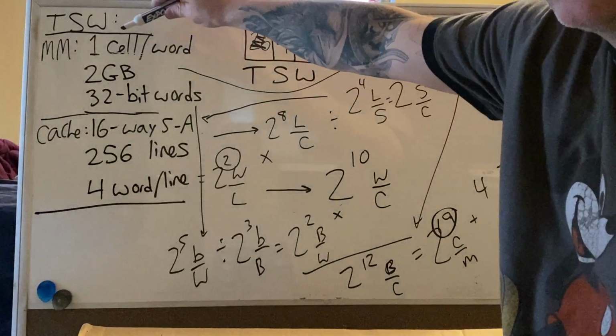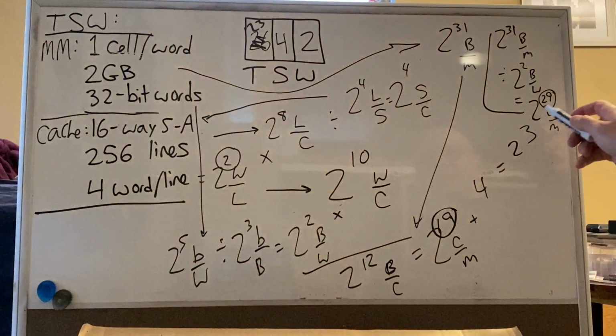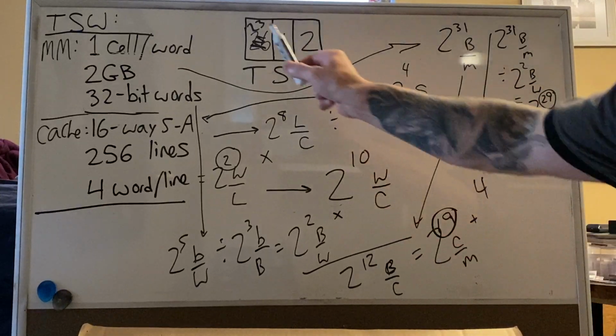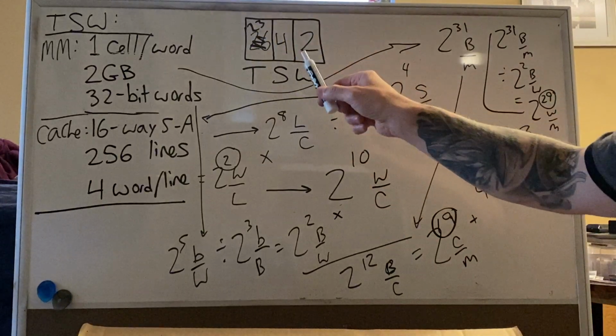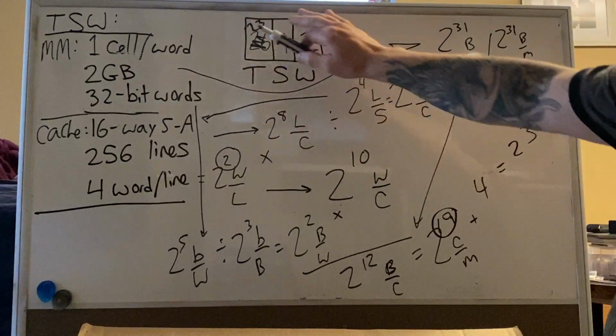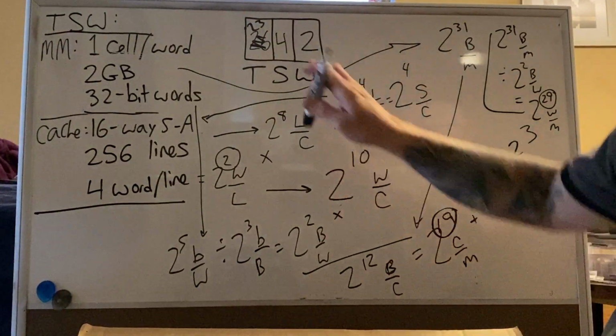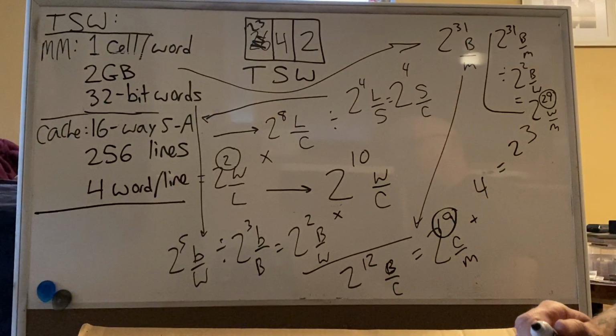The word is a cell which has an address, therefore there are 2 to the 29 cells, so that the address is 29 bits total. 23 plus 4 plus 2 is 29, so we should always double check our fields. I didn't screw that up on purpose, so I am glad I double checked.